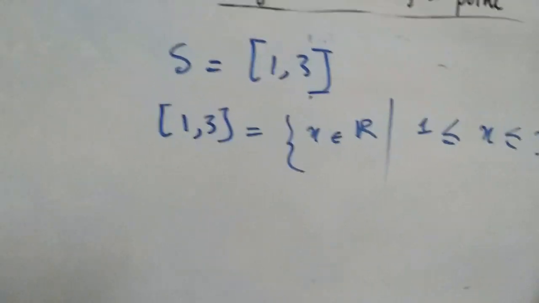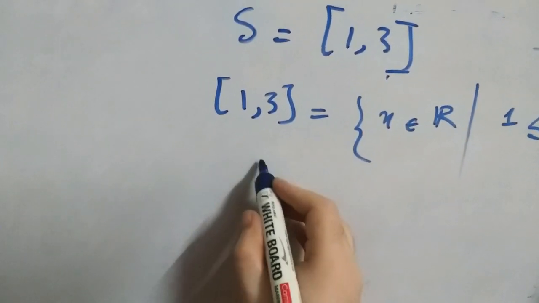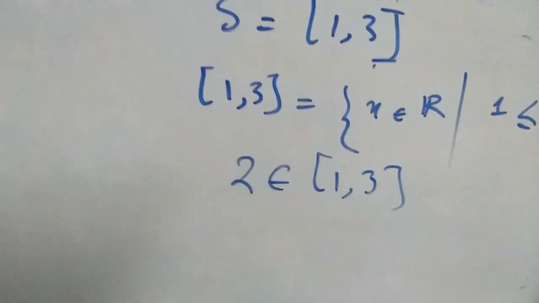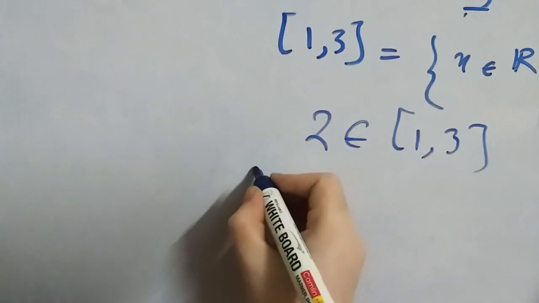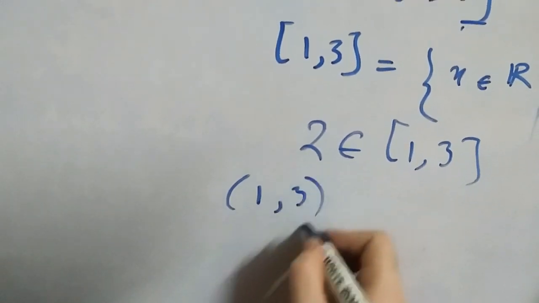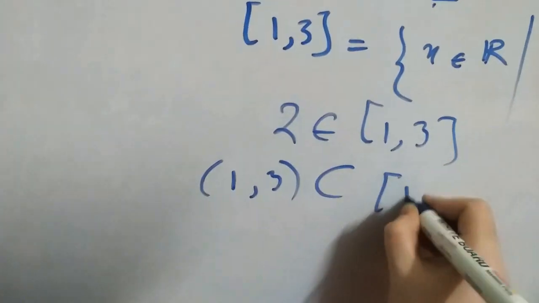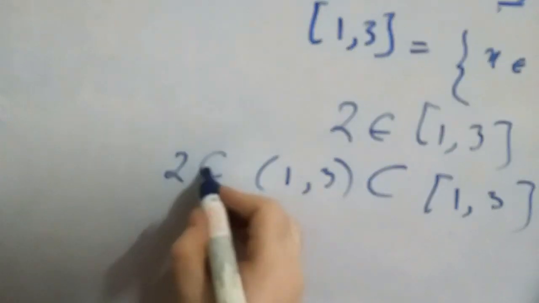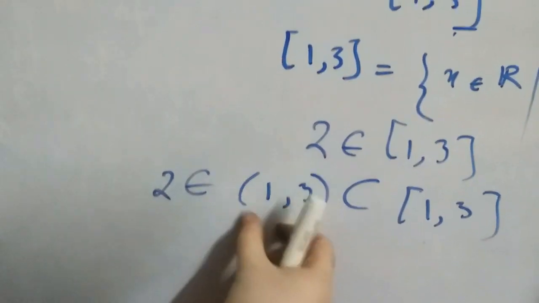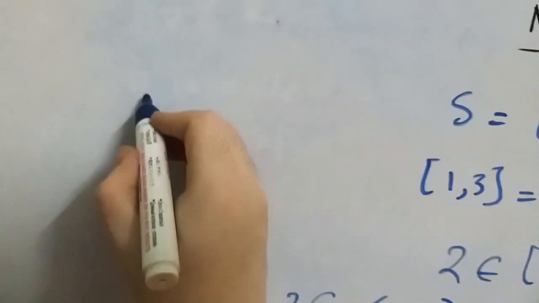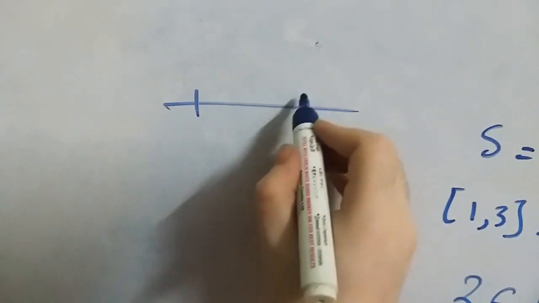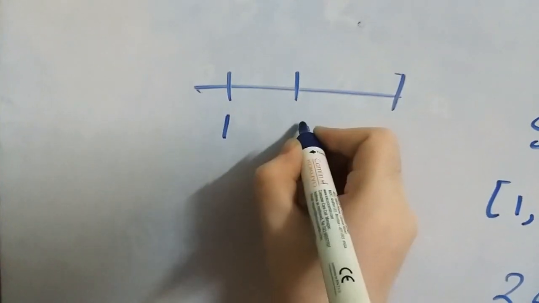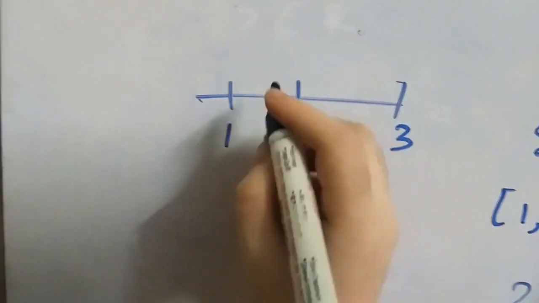Now let 2 belong to the closed interval [1, 3], and there exists an open interval (1, 3) contained in the closed interval [1, 3], and 2 belongs to this open interval.